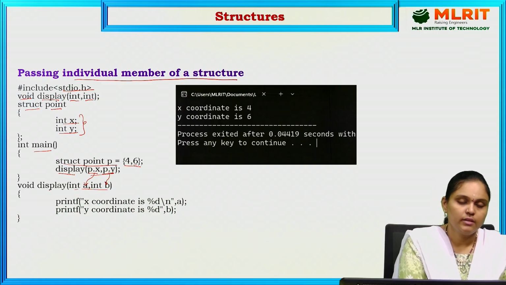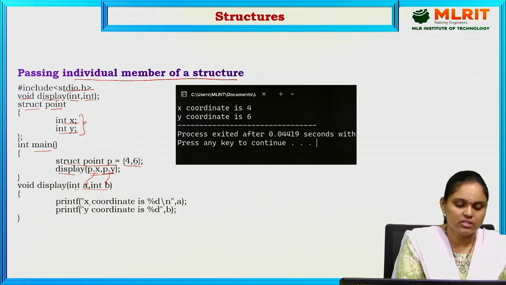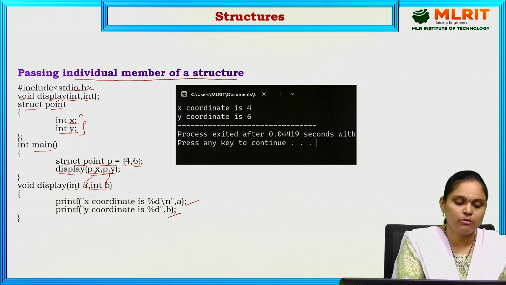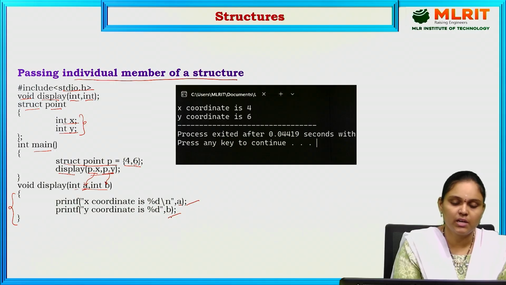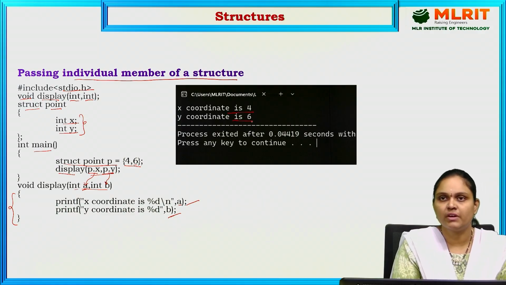Void display is my function name, with int A and int B. P dot x will be copied to A and p dot y will be copied to B. By using this printf statement, we are printing these A and B values, because the x coordinate that we have is copied to A. So in this function, we can access those x and y coordinates by using the A variable and B variable. If you run this program, you can find that the values of the x and y coordinates are 4 and 6.